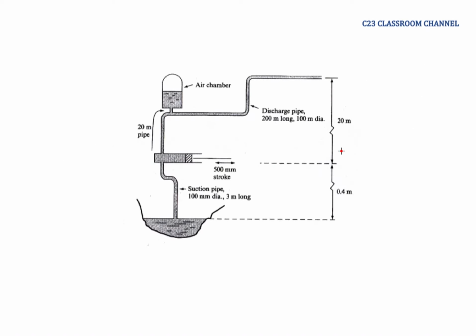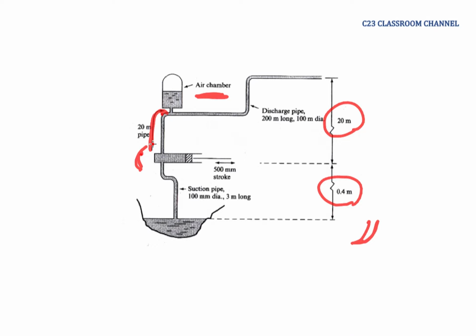So the diagram of this problem is shown here. We have 0.4 as the suction head, and 20 meter here is the delivery head, and then we have a piston pump. The most important thing you need to understand here is that we have an air chamber, but it is located 20 meters from the piston.